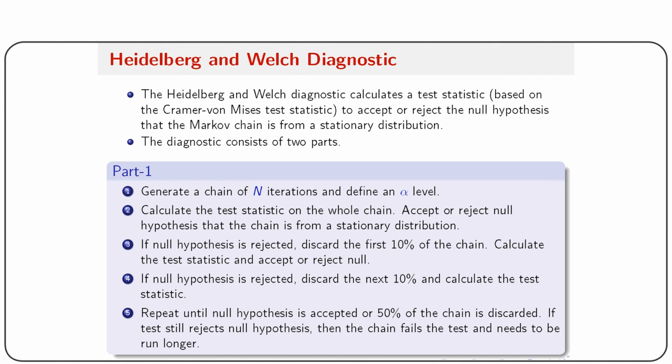If the null hypothesis is rejected, discard the first 10% of the chain, calculate the test statistic and accept or reject the null. If the null hypothesis is rejected, discard the next 10% and calculate the test statistic. Repeat until the null hypothesis is accepted or 50% of the chain is discarded. If the null hypothesis is still rejected, then the chain fails the test and needs to be run longer.